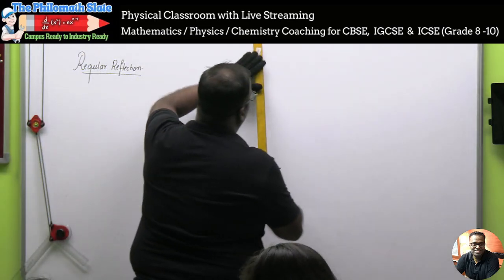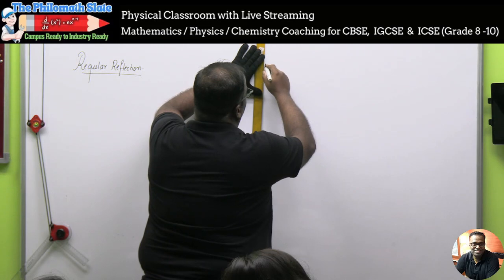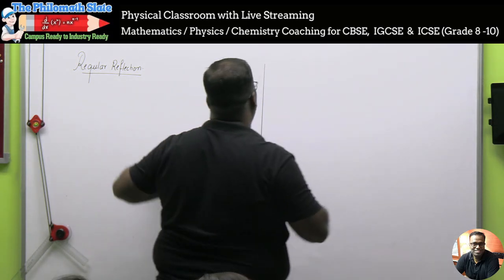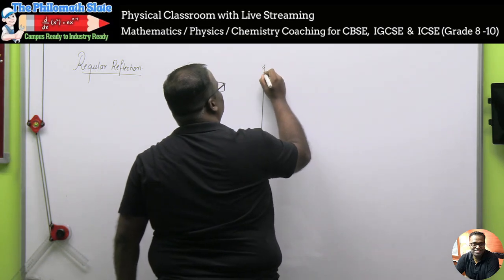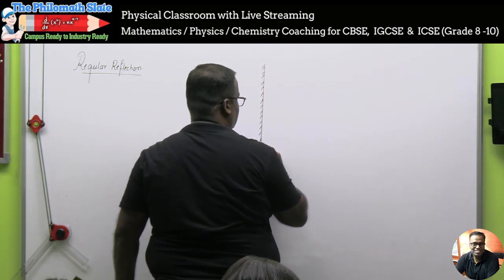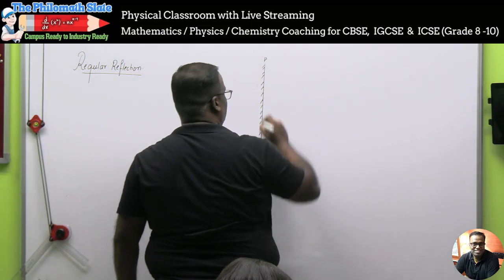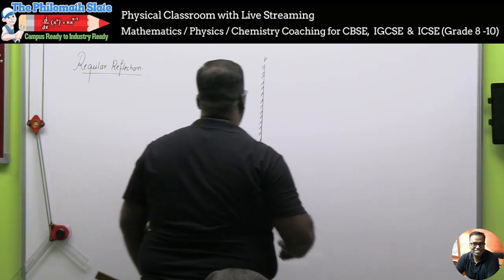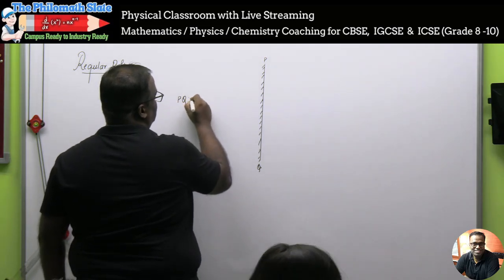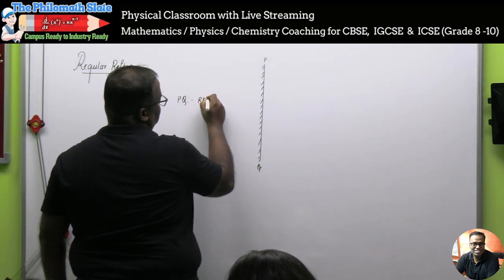So regular reflection, we should again take a reflecting surface. Sir, is this a plane mirror? You can think that this is a plane mirror, but I will say that this is a reflecting surface. So PQ, इसका डायग्राम बना लीजिए. My PQ is a reflecting surface.